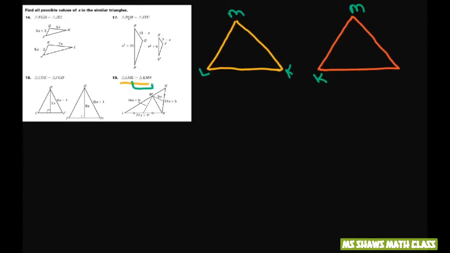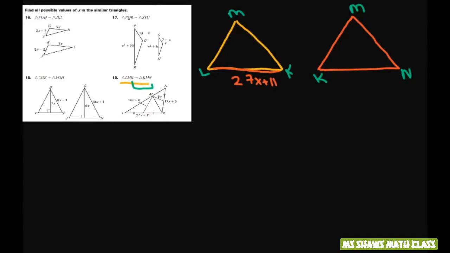So let's make sure I did this right. So L goes with K, M's go together, and then K goes with N. So N goes here. All right, and then let's just put the proper lengths. This length here is going to be 27x plus 11.